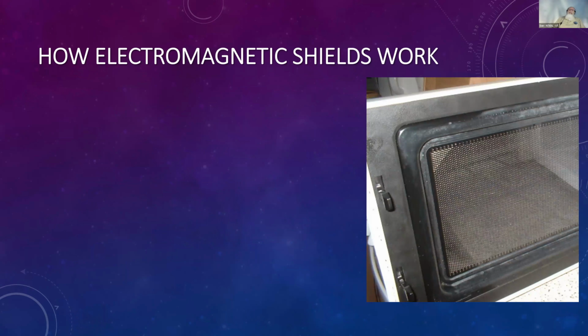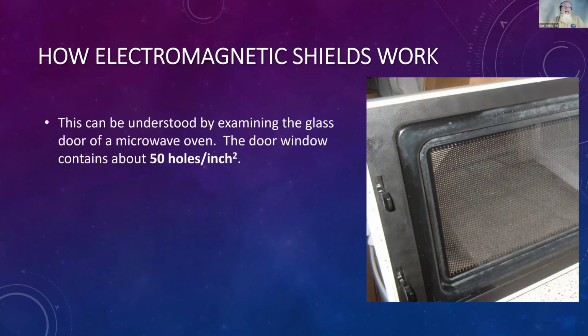And here's the number one example of a Faraday cage that everybody has in their home, and that is, yes, the microwave oven, right? So you look at the glass door of a microwave oven, it has about 50 holes per square inch, okay?